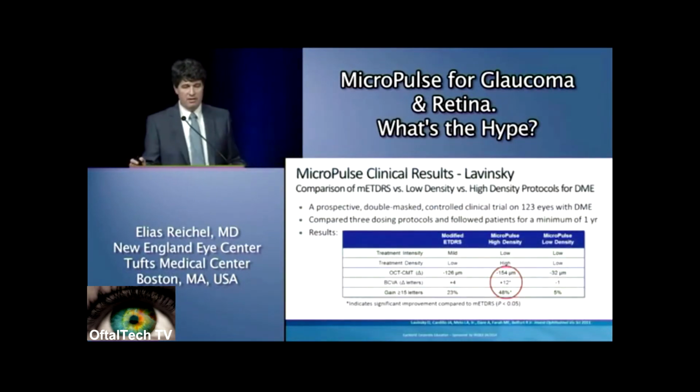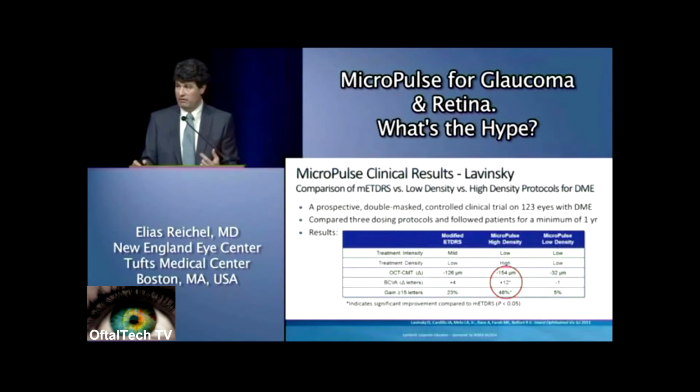So Levinsky's paper compared 3 approaches to using laser photocoagulation. One approach was the modified ETDRS. Another was micropulsing, either high density or low density micropulsing. And the cartoon that was shown earlier, which I will show again, compares low density versus high density micropulsing. And you can see here that with micropulsing that's done at a high density, you had the best improvement in visual acuity.